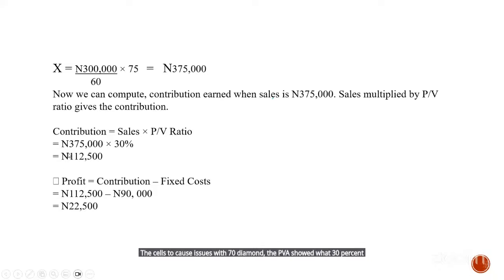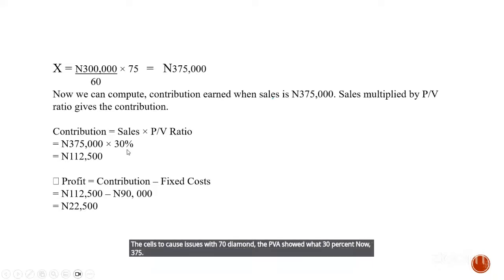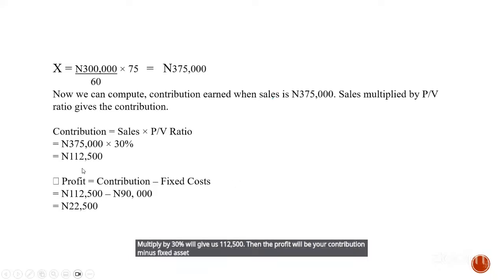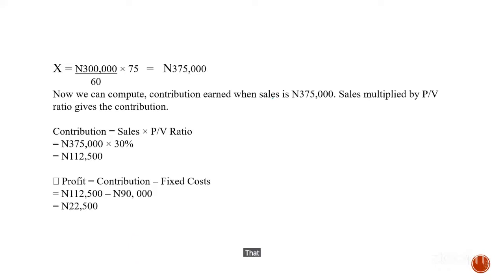Now, 375 multiplied by 30% will give us 112,500. Then the profit will be your contribution minus fixed cost. Contribution is 112,500 minus fixed cost of 90,000. So the profit will be 22,500. That is how you go about it. It looks tricky, but if you take your time, you'll be able to understand.